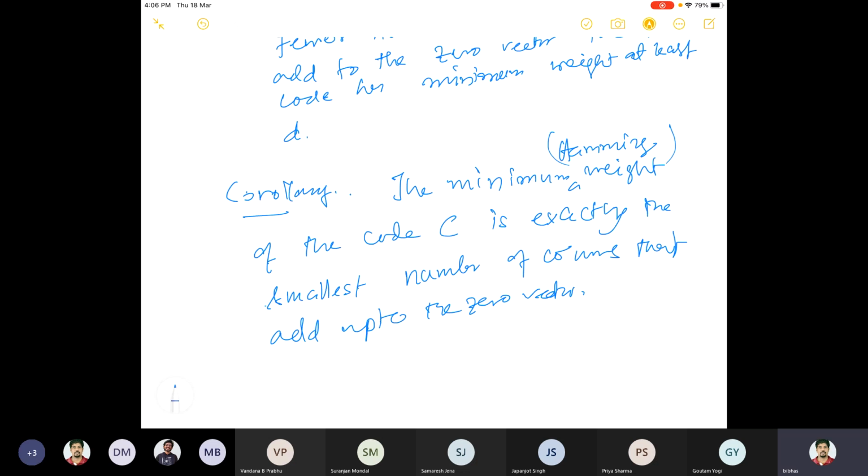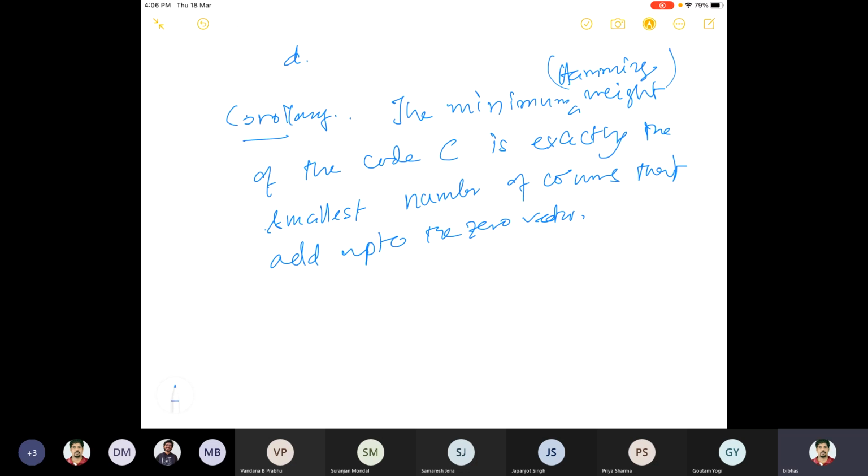So this is exactly this. So now this is a combinatorial problem.